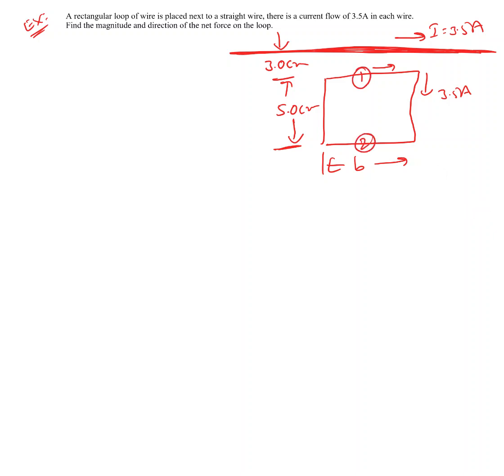So force F1, force on conductor 1 because of conductor, let me take this as A, force per unit length equals mu naught I1 I2 over 2 pi r. This is the formula I just derived in the previous video.